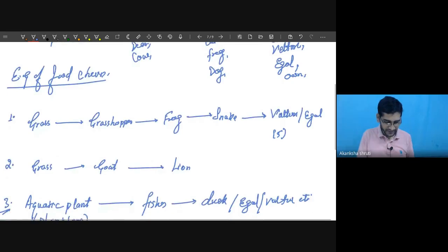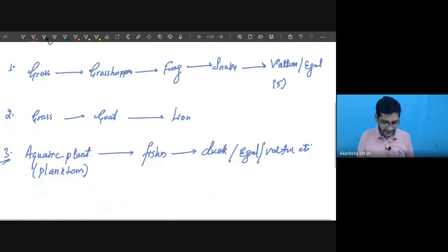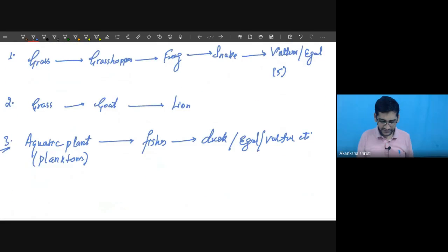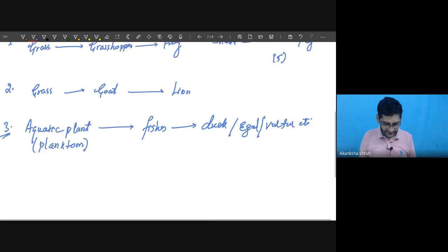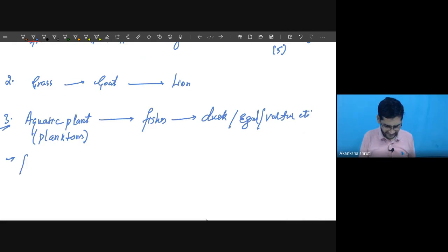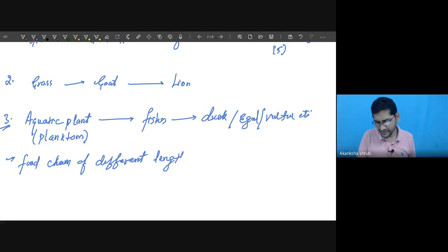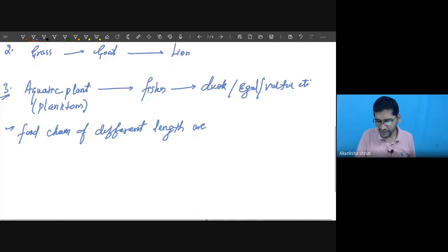So these are examples of food chains. In all cases, we can observe that food chains of different lengths are possible.